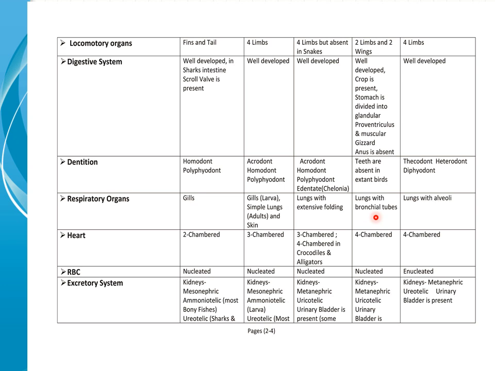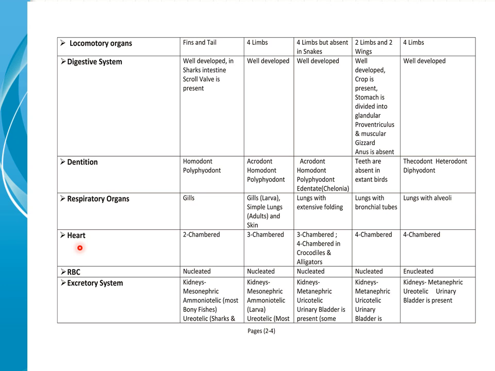Out of these 9, 4 are paired air sacs and 1 is unpaired. So the presence of air sacs associated with lungs is a flight adaptation in birds. The lungs of mammals are with alveoli. Alveoli are the sites for the exchange of respiratory gases.